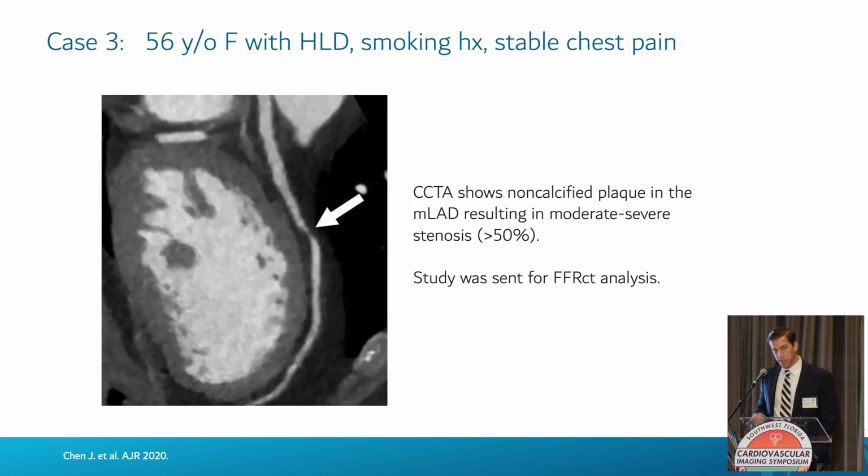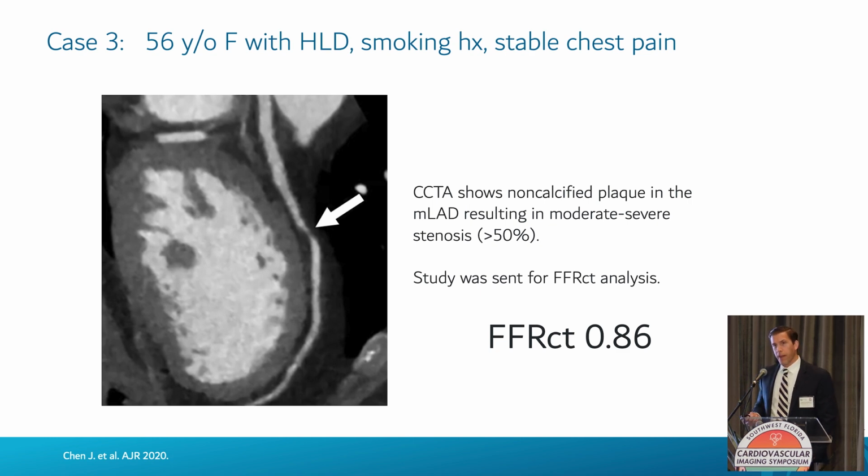All right, last case, a 56-year-old female with hyperlipidemia, smoking history with stable chest pain, underwent coronary CTA, which showed some non-calcified plaque in the mid-LAD, and this was read as a moderate to severe stenosis, somewhere in the 50 to 70% range. So we sent the data for FFR CT, and the FFR CT was 0.86.